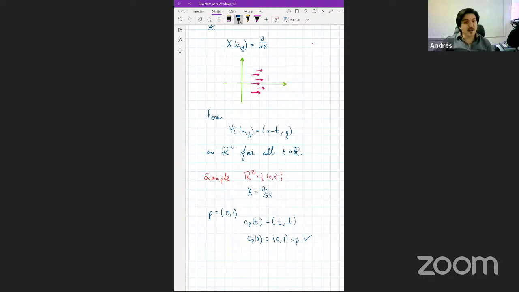And the other thing is, this is the integral curve of that vector field. However, what is the domain of t? Oh, sorry. So this is R, right? So this example is not going to work.